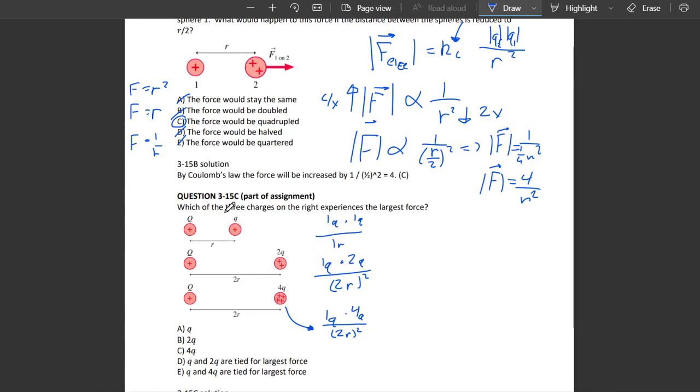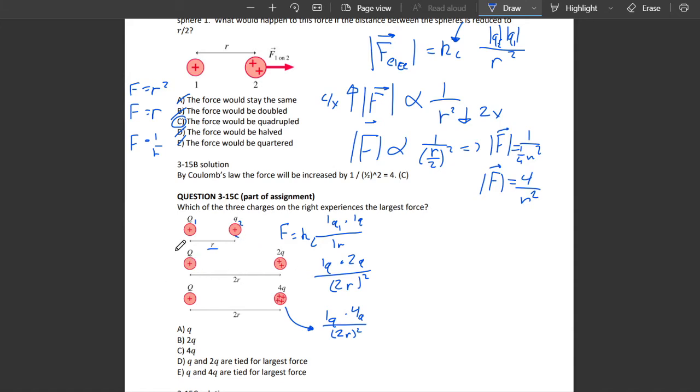So for this first set of charges, we see that the force is equal to the Kc constant times 1q, so that's q1, and then times q2, and q2 and q1 both have a charge of positive 1, divided by 1r, because we have a distance of r.